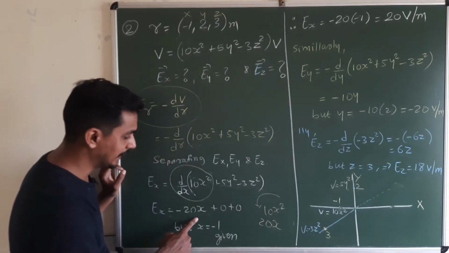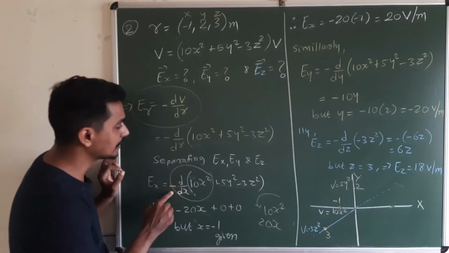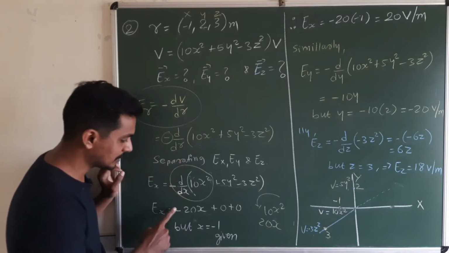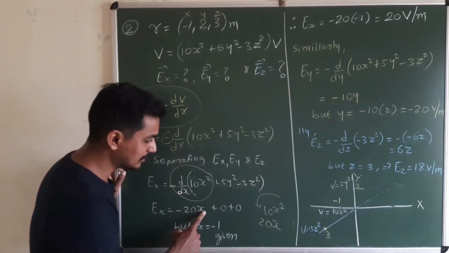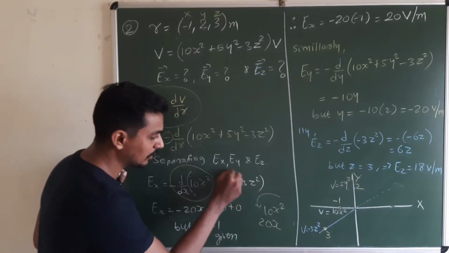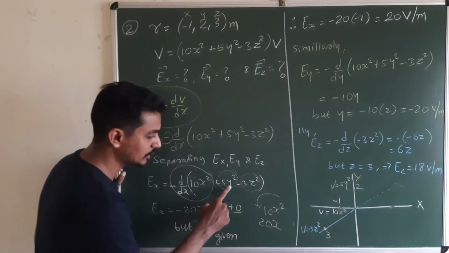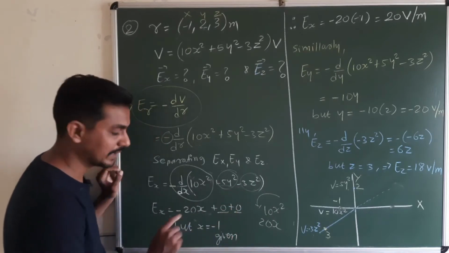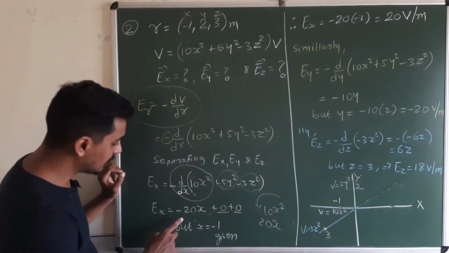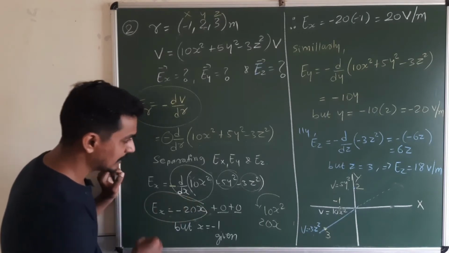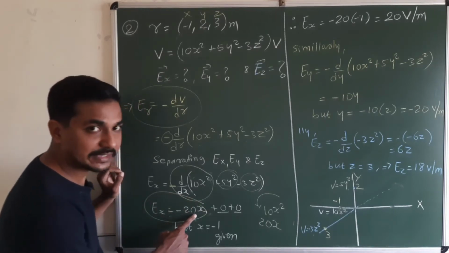So 20x, but here we have a negative sign. So it is -20x plus, here we don't have any x. Differentiation of y and z with respect to x is 0. So here we get Ex is equal to -20x.